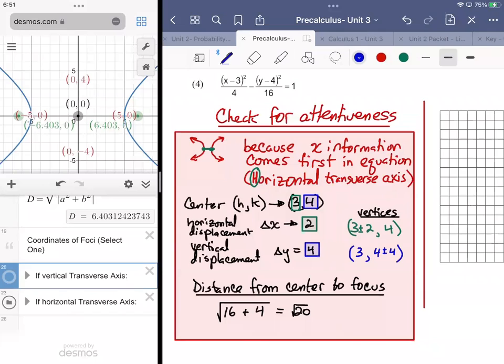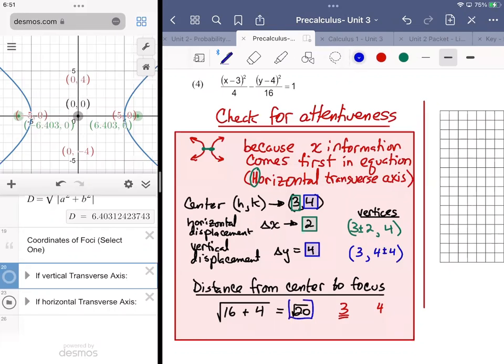And the same idea would hold for the distance from center to focus. Since we know it's on a horizontal transverse axis, what I would do is I would take the center, I'm going to go red, 3, 4, add it to the x value and subtract it from the x value of that center. All right.